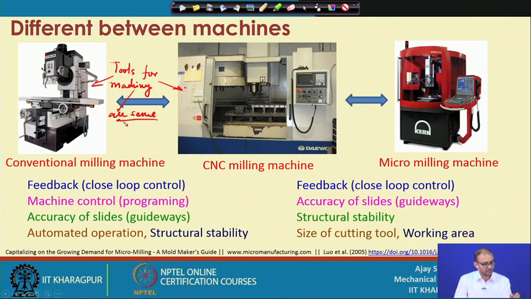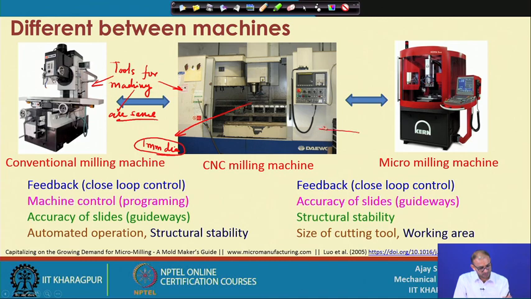Mostly you can go up to 1 millimeter diameter here also, and that again depends on the run out of the spindle and the RPM of the spindle, but below 1 millimeter or 0.5 millimeter it creates problems here, and here again it will be very high.